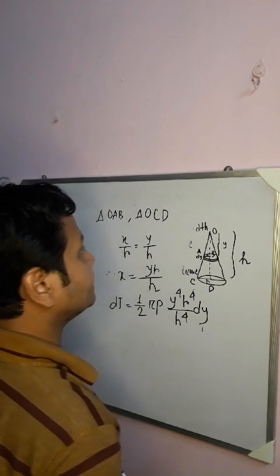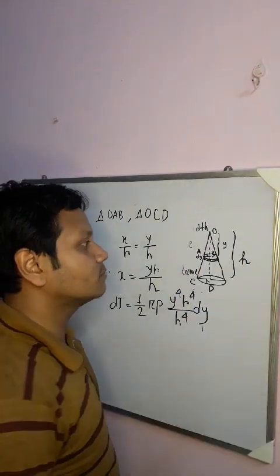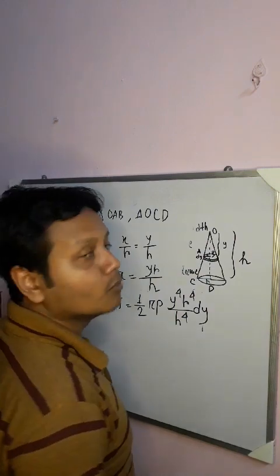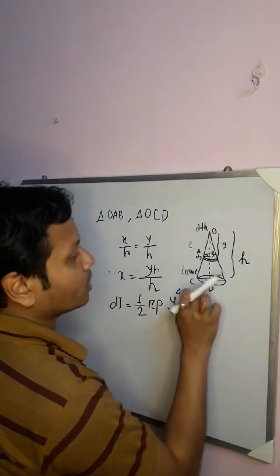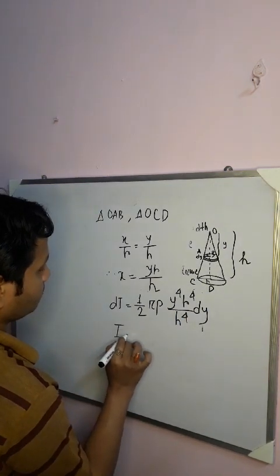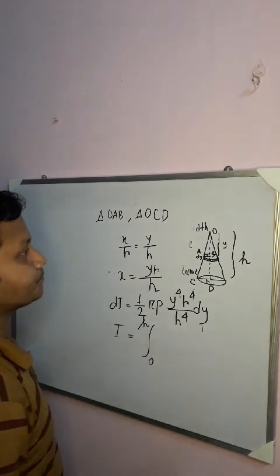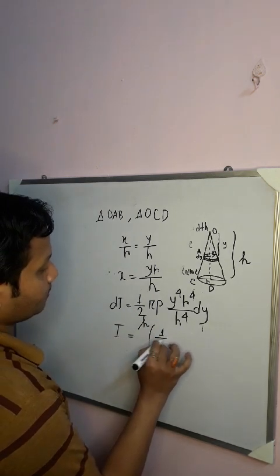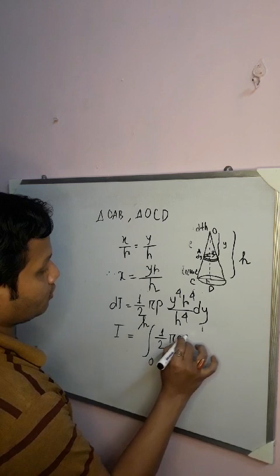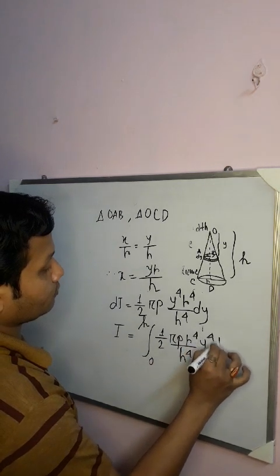Now we can easily integrate this. Between 0 to h, because the entire height of the cone is h, the moment of inertia of the entire cone about its own axis is simply the integral from 0 to h of half pi rho r to the power 4 by h to the power 4 y to the power 4 dy.